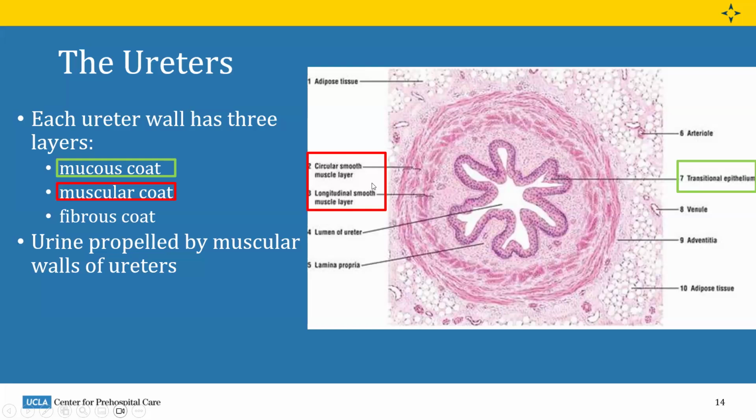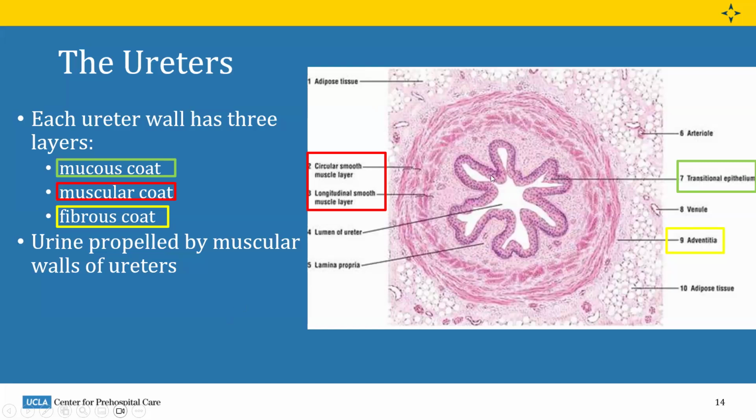The next layer is a muscular layer, right? So we have an inner longitudinal and an outer circular layer that's going to help move urine down the ureter. Okay. And then lastly, we have a fibrous layer outside called our adventitia. So the key takeaway from this is that essentially there's a specialized layer in contact with the urine itself, surrounded by muscular, surrounded by a fibrous layer to kind of protect the ureter, right?